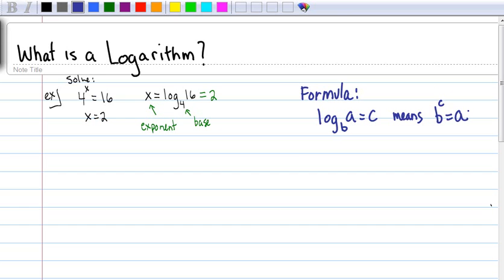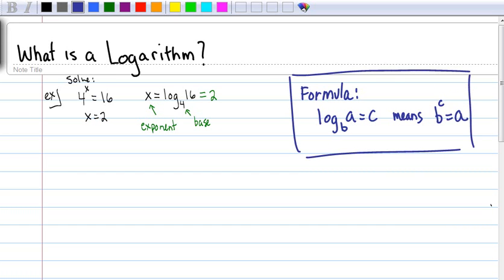That is what log means. That is the formula. Sometimes they call the thing on the left log form. And this equation on the right, they call exponential form. So this is log form, and this is exponential form. You can always go back and forth. Any problem that's in exponential form, you can put in log form and vice versa.